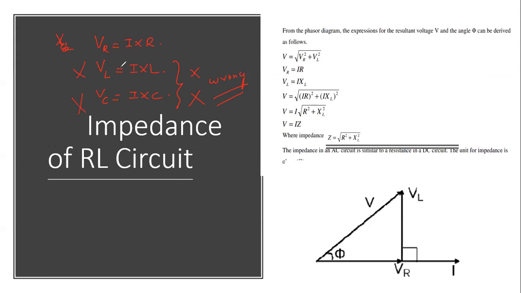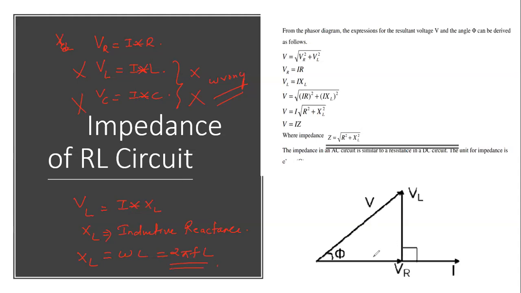Okay, when we talk about voltage across an inductor, instead of this, we'll be multiplying this with X suffix L. This X suffix L, as we have just discussed, is nothing but inductive reactance, which is equal to omega into L or 2 pi f into L.